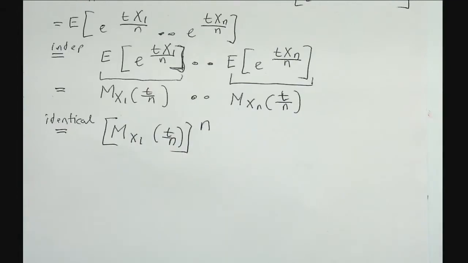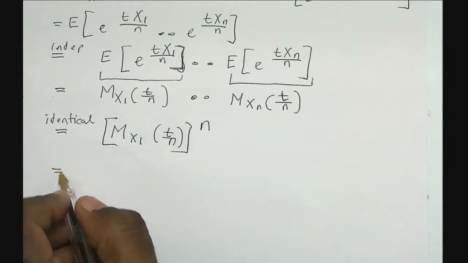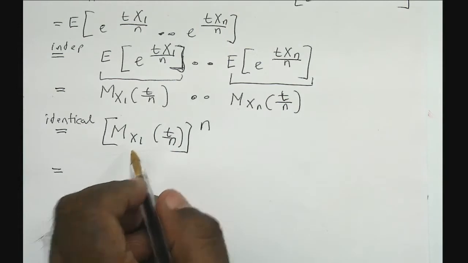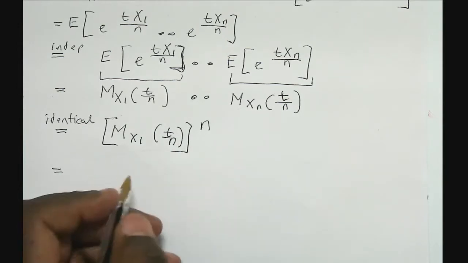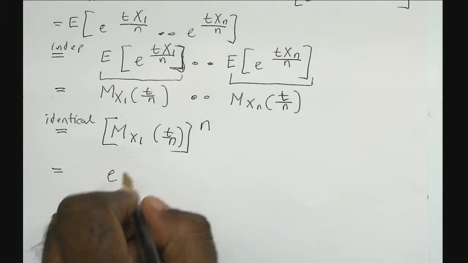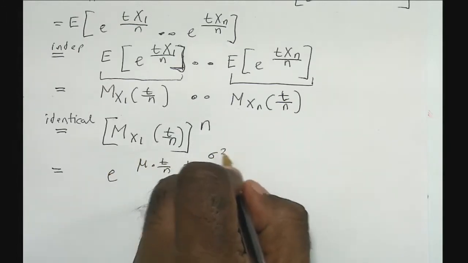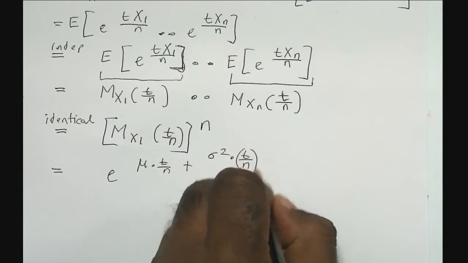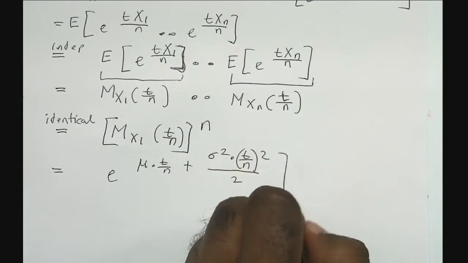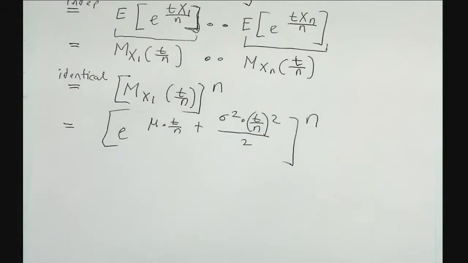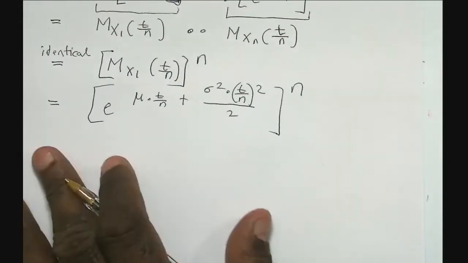Now, if you go back to question 1, this is the answer to question 1, right? Now we know this is the MGF of a normal variable. So the MGF of x1, which is a normal variable, is E to the power of, over n. Are you guys with me? Okay.